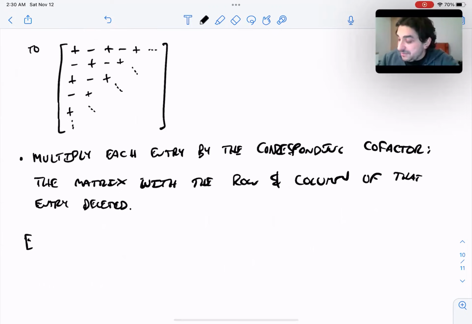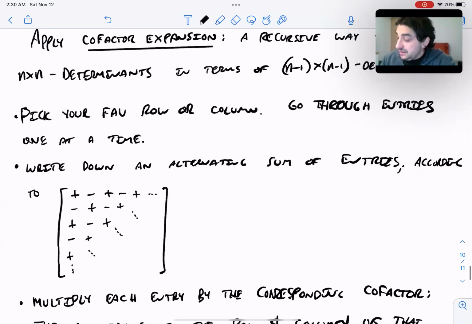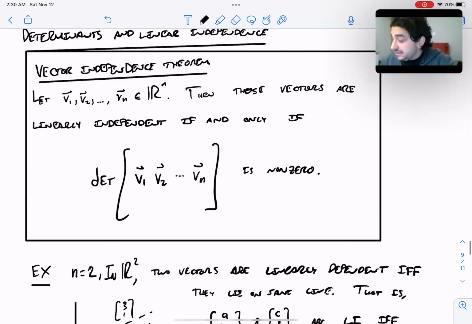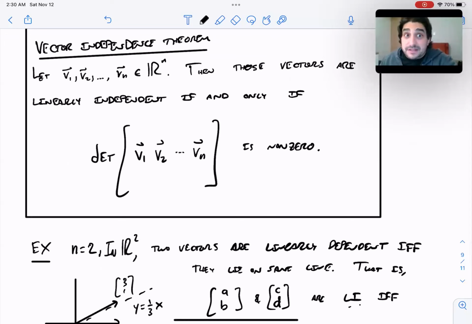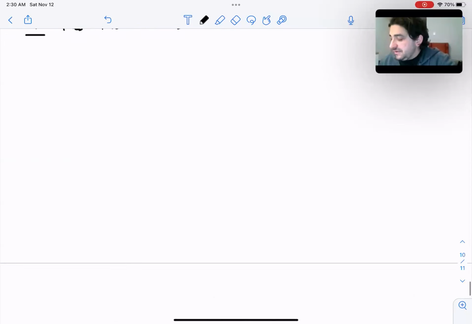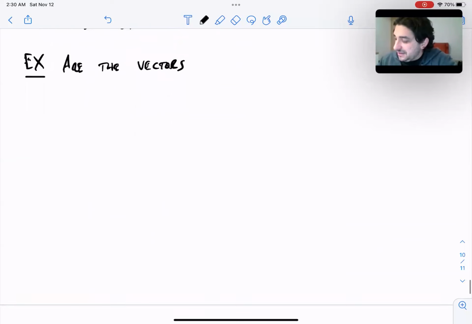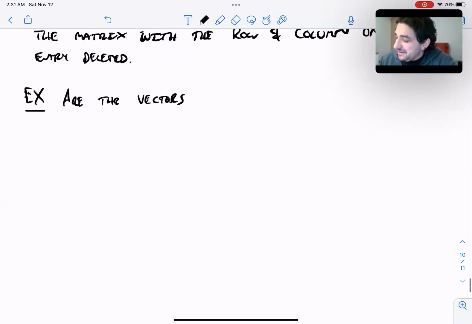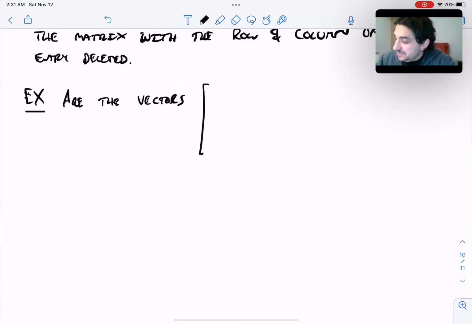So for example, let's actually do this in an example. We're not only going to do an example of calculating a determinant, but we're going to use it the way the vector independence theorem talks about it. So let's do 4 kind of ugly vectors. I'm going to do big, ugly, messy vectors here. So I'm going to ask, are the vectors 2, 0, 1, 0, right?